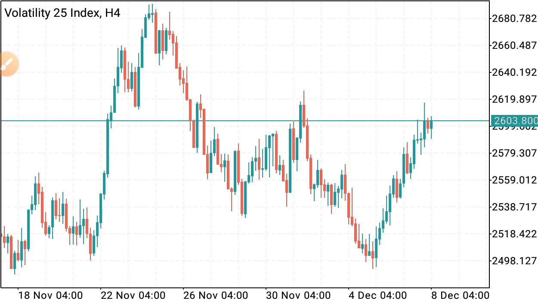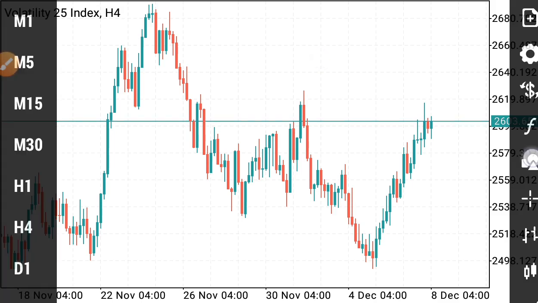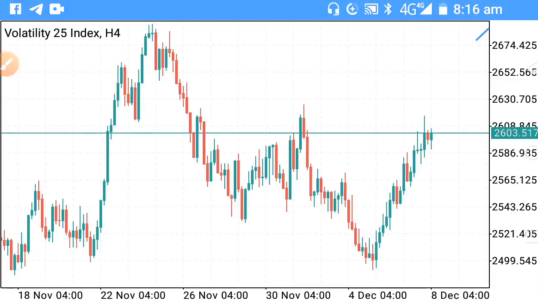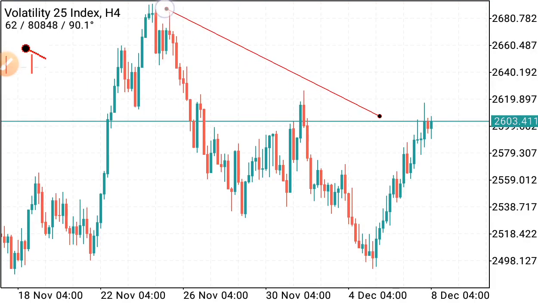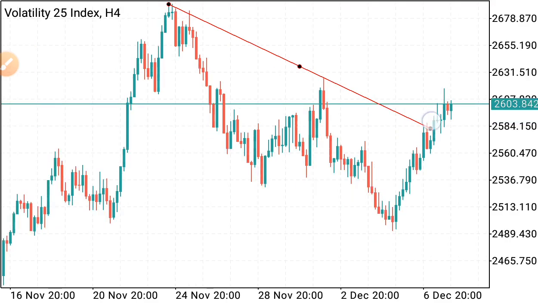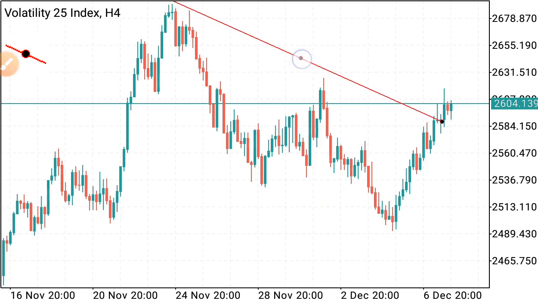The touch is a situation whereby you draw a trend line on price, and whenever price hits the trend line for the third time, you execute your trade.